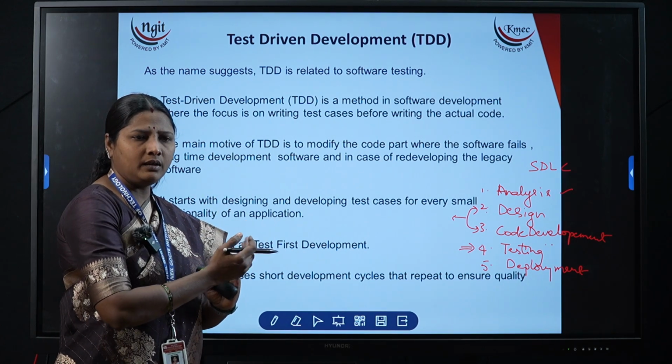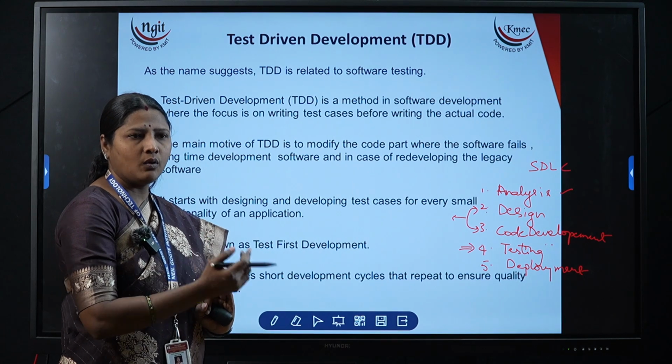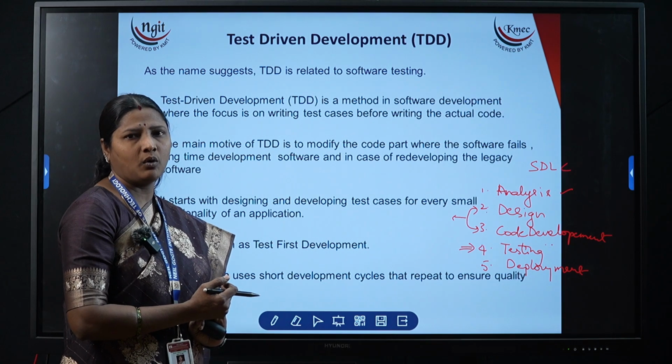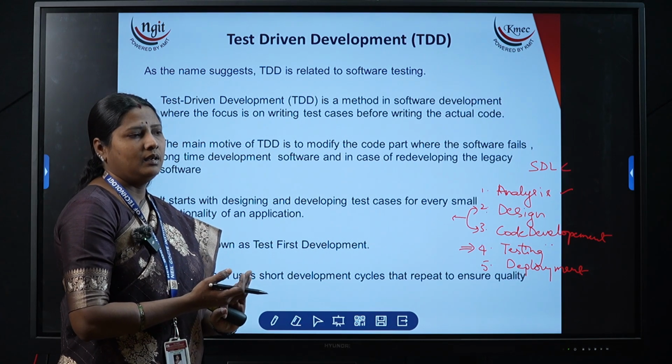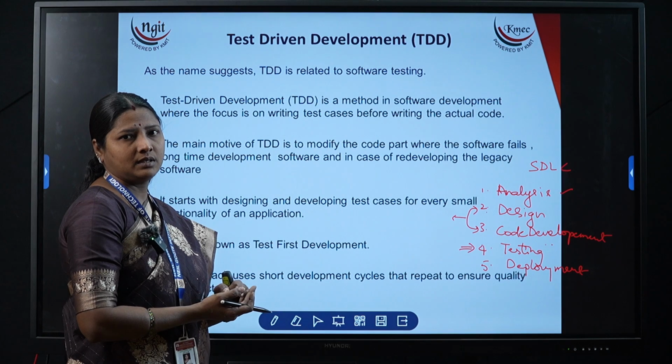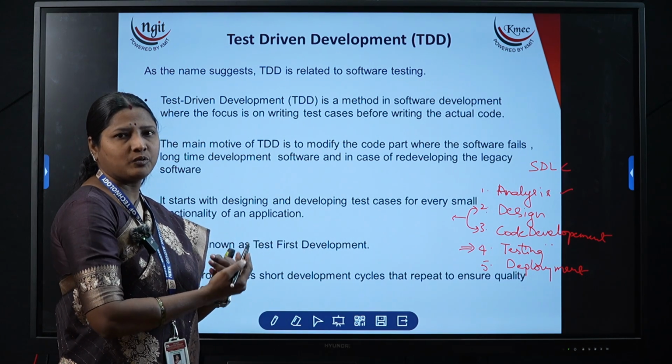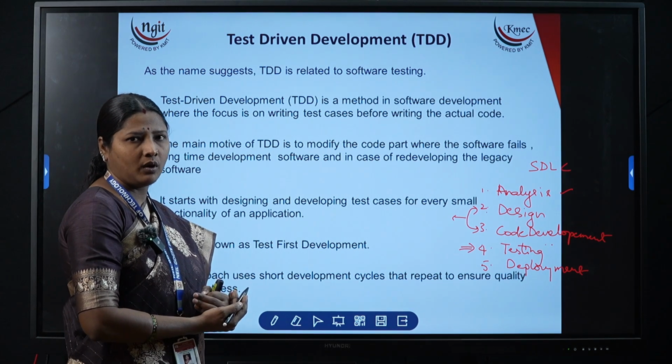Either we can use ER models, or we can develop a flowchart, or we can use the different types of UML models, such as the sequence model, use case model, iteration model. There are different types of models which come under the unified modeling language.